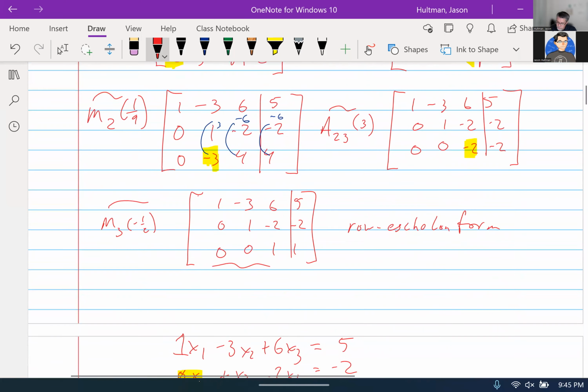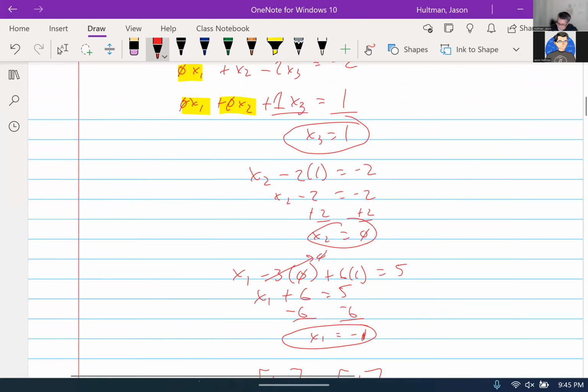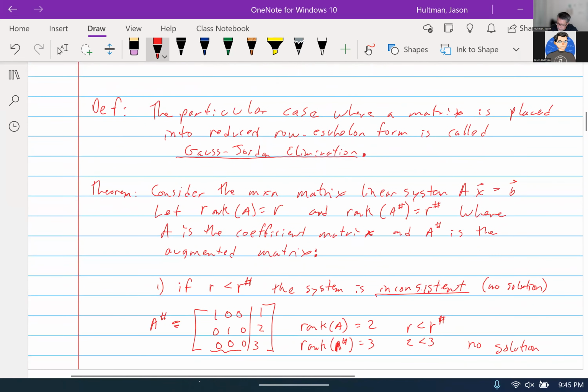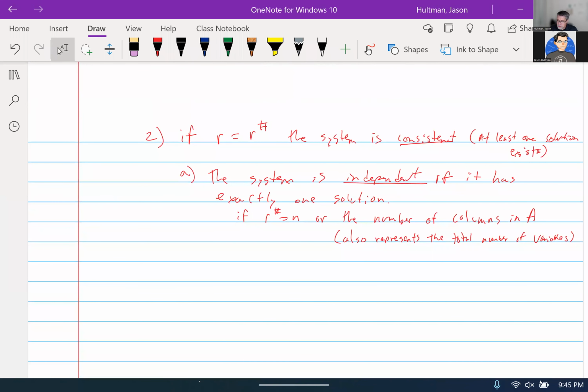And so what is our rank for our row echelon form? Our rank is still 3. It still has 3 rows that we can work with. If that's the case, then it is an independent system and it has exactly one solution. So maybe let's underline exactly one solution.